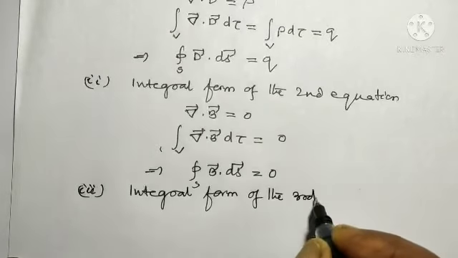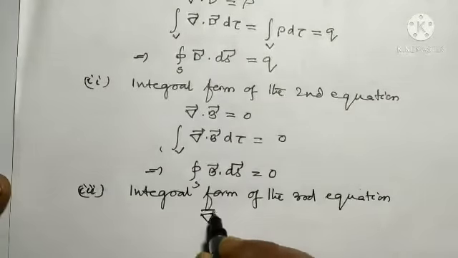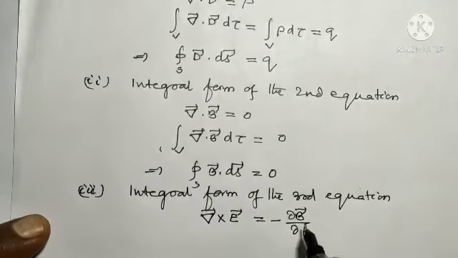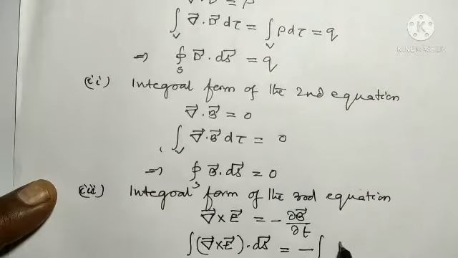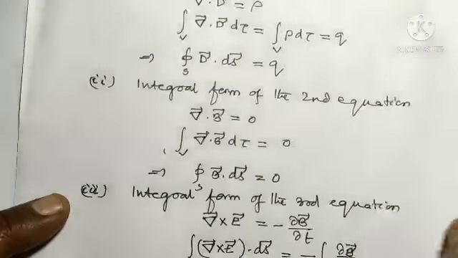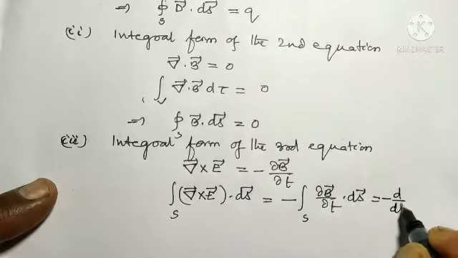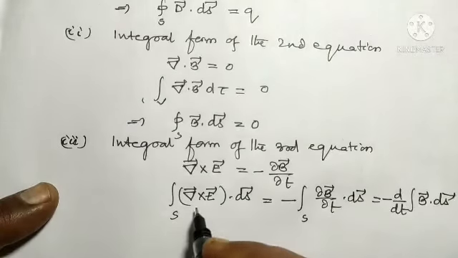Then third equation, integral form of the third equation. The differential form of third equation is curl E is equal to minus del B by del t. Now integrating over a surface, surface integral of curl E dot dS vector is minus surface integral of del B by del t dot dS vector, which is equal to minus d by dt of surface integral of B. Now we apply Stokes theorem.